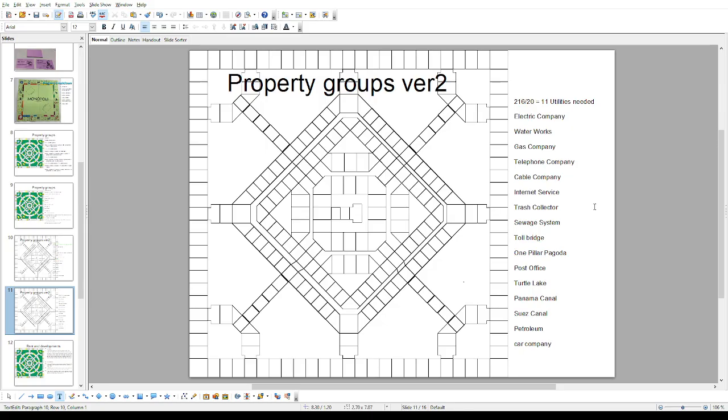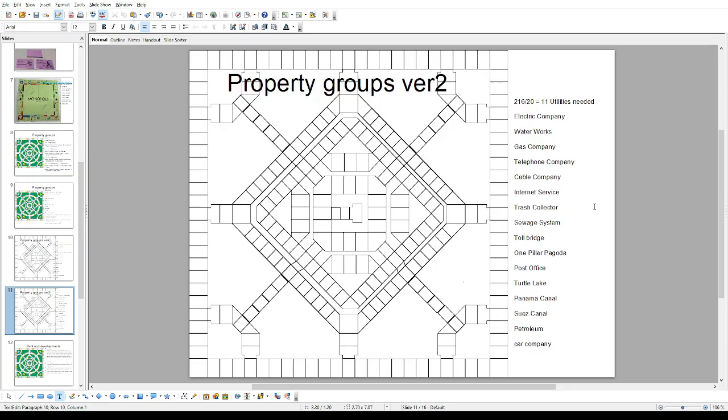To be honest, Panama Canal and Suez Canal. Those came from Islandopoly, which is a weird variant, which is a global thing. It's not like city or country level even. It's actually global level.